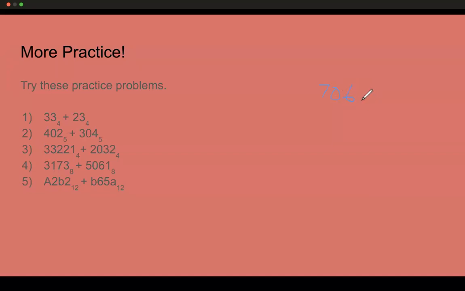And because the 6 here is, no, it's base 5. My bad. Because the 6 here is greater than 5, we need to add 1 right here. And because we add 1 here, we need to subtract 5 from 6, which gets us 1.